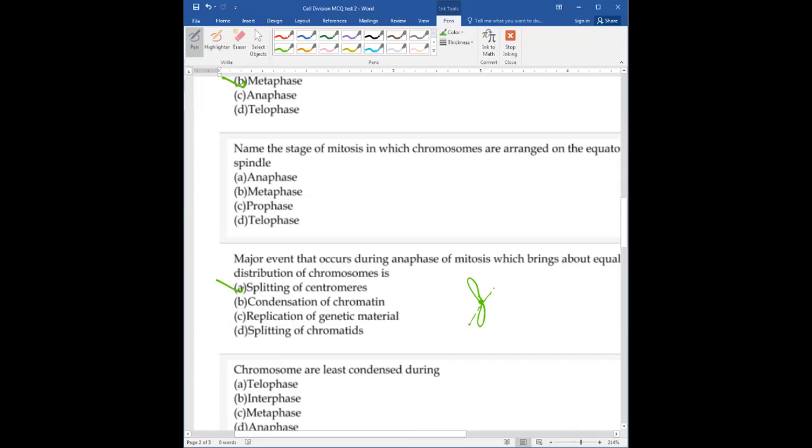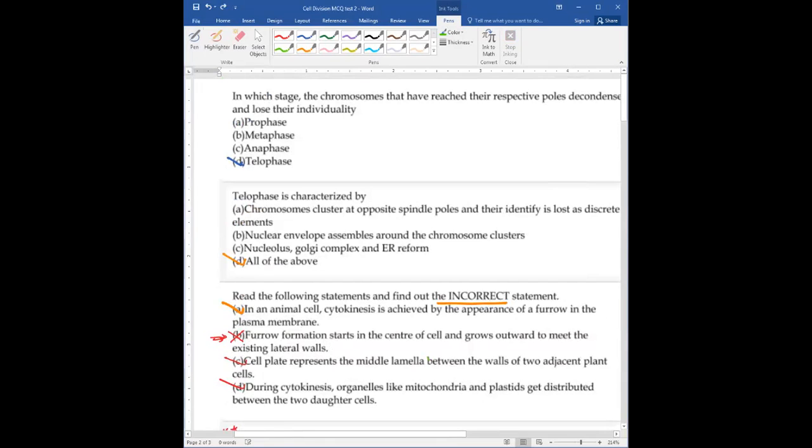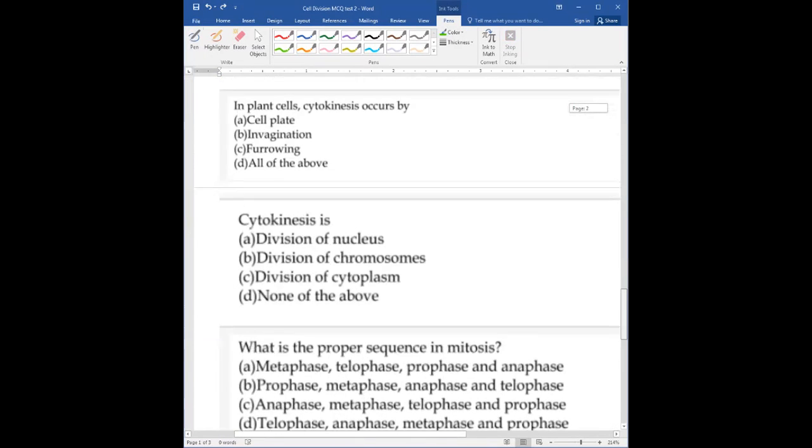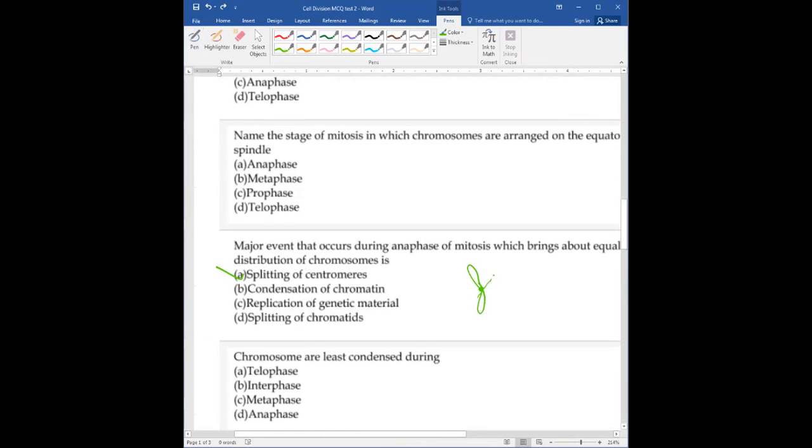They are not talking about anything over here. So this statement in itself is wrong, guys. Splitting of chromatids is wrong. It is splitting of your centromeres, and that is why you are going to see separation of sister chromatids.